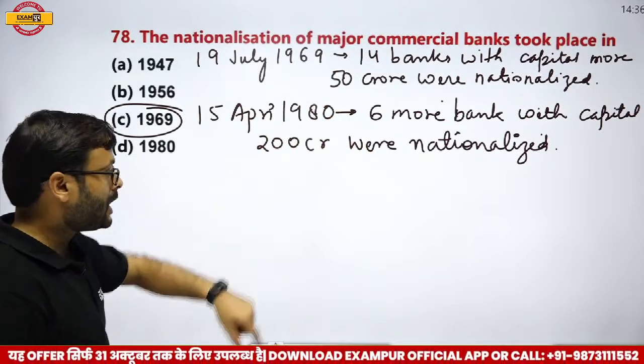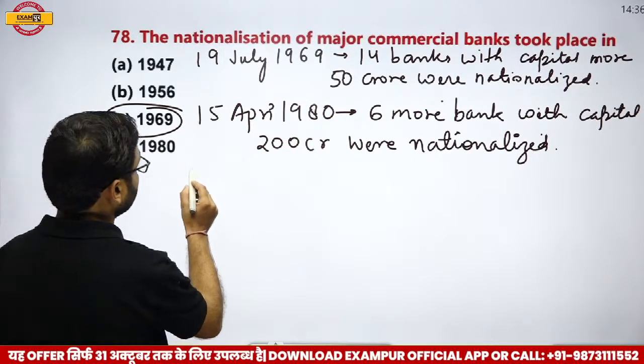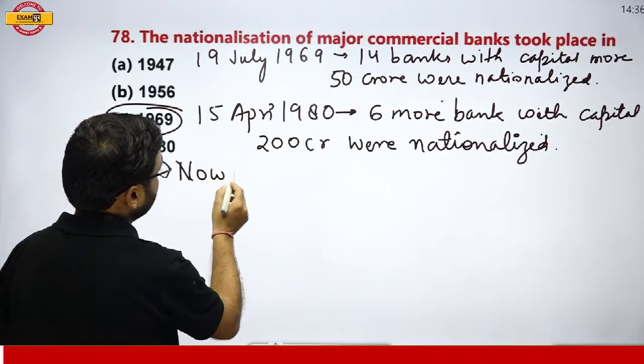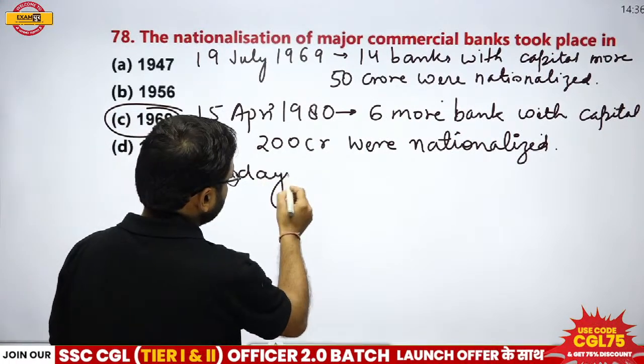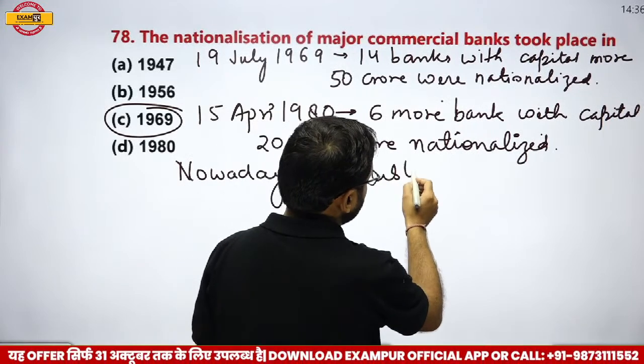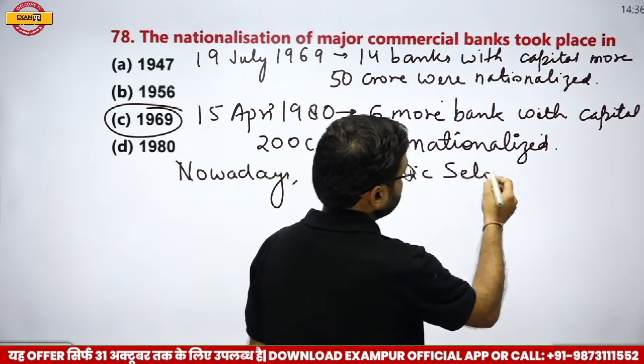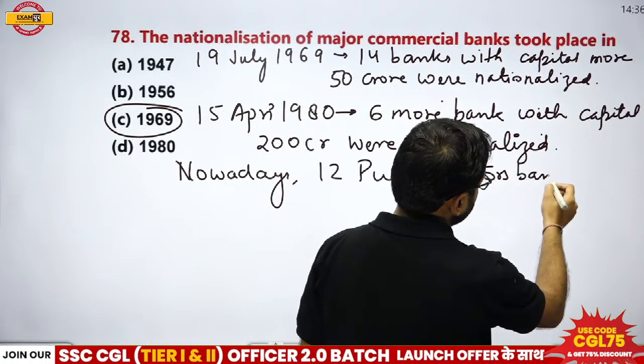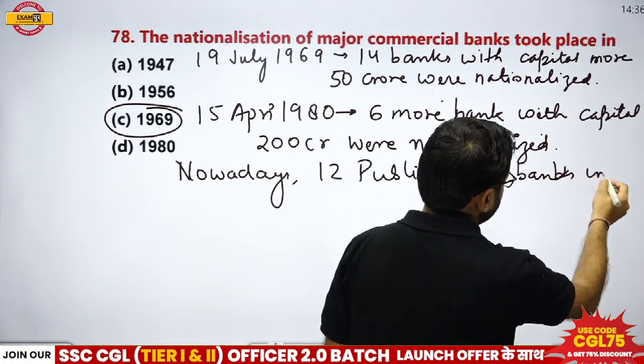But nowadays there are only 12 public sector banks in India.